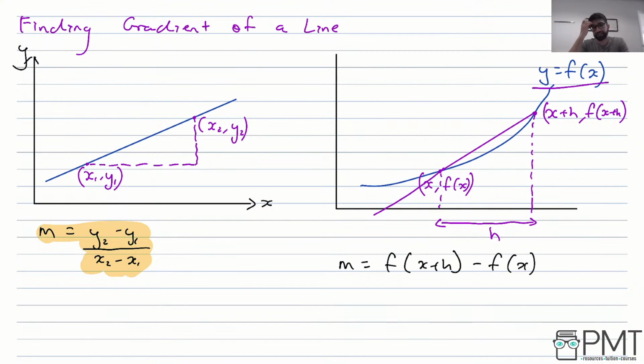That's the difference in the y coordinates. And we divide it by the difference in the x coordinates. So that's x plus h minus x.